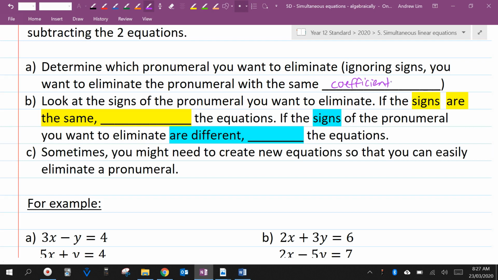If the signs are the same, we subtract the equations. Same, subtract, SS. That's how I remember it. If the signs of the pronumeral you want to eliminate are different, then we add the equations. Sometimes you might need to create new equations so that you can easily eliminate a pronumeral, and I'll go through examples of that.